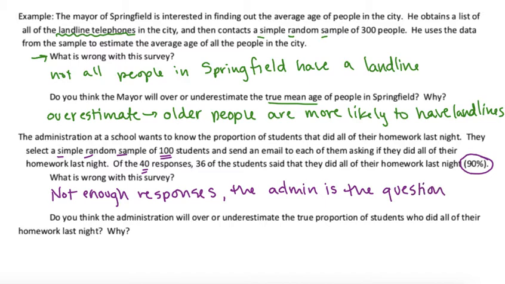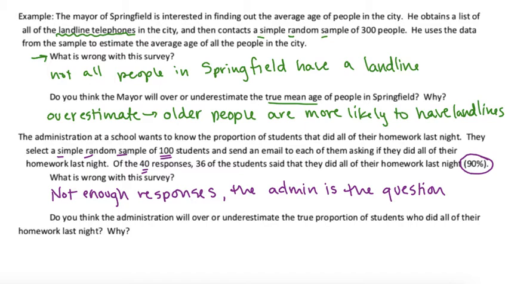One, our goal was to get a sample of 100, and we only had 40 people respond. And those 40 people might have been very proud that they did all their homework last night. Or maybe they didn't have any, so they just said, yep, did it all. What about the other 60 students? Did they not do their homework? Were they so busy doing it that they couldn't respond? There's lots of things that could have gone wrong with that. They need to work on getting that information from the other 60 responses.